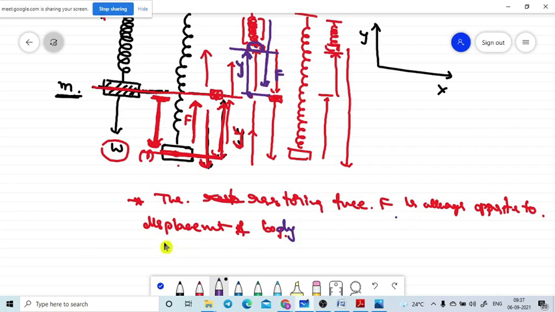And one more thing you can see. If we pull the body, it will extend somewhat. That means we are increasing the y value.